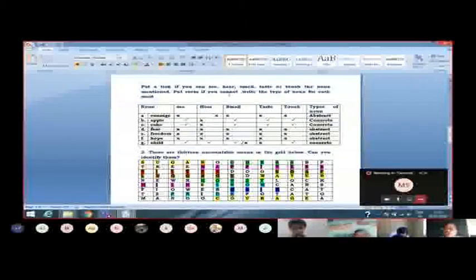If it is right, you have to tick. Okay. Now nouns are here: courage, apple, cake, fear, freedom, hope, child. These are the nouns. Now you say, courage is which noun? Which type of noun?